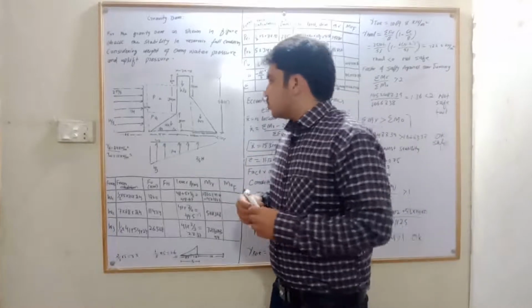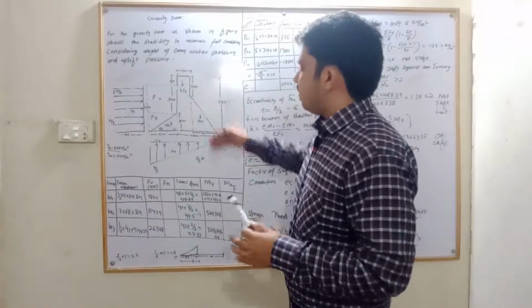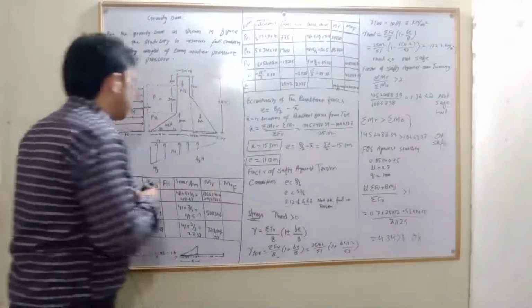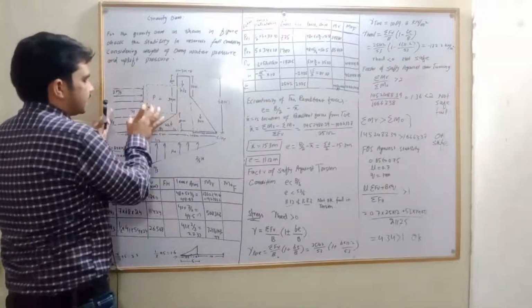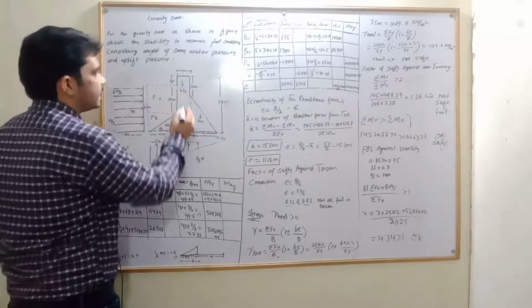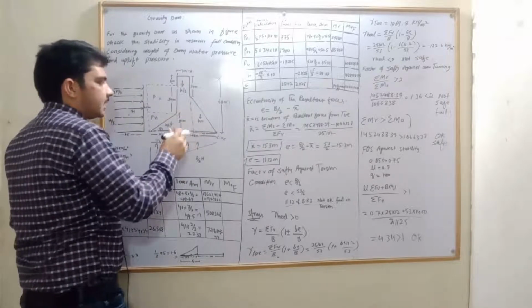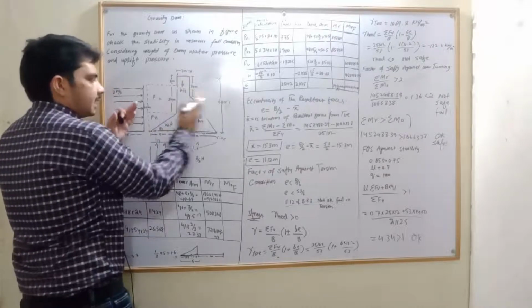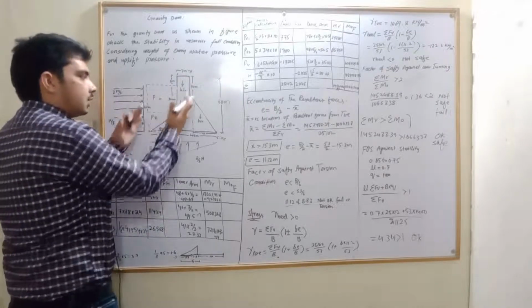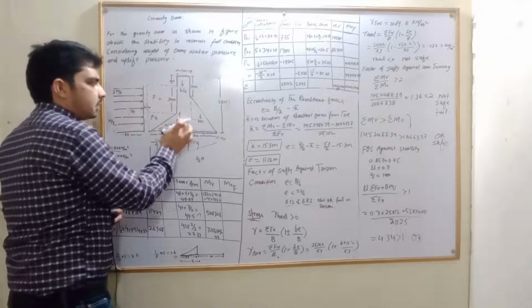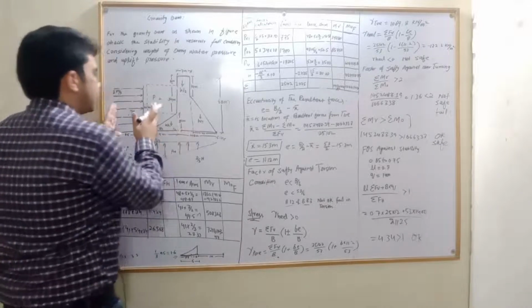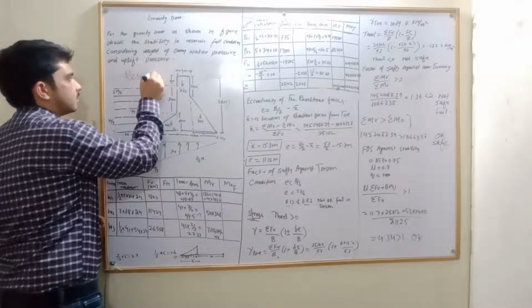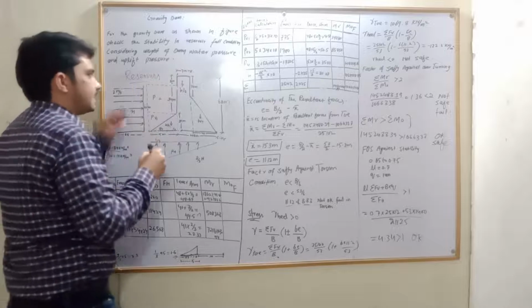Here, different dimensions are given for this dam. First of all, I am going to explain what this structure is and what this area is. This is the complete structure of the dam. This is called a gravity dam, because we provide this dam to retain the water, and this area is called the reservoir.